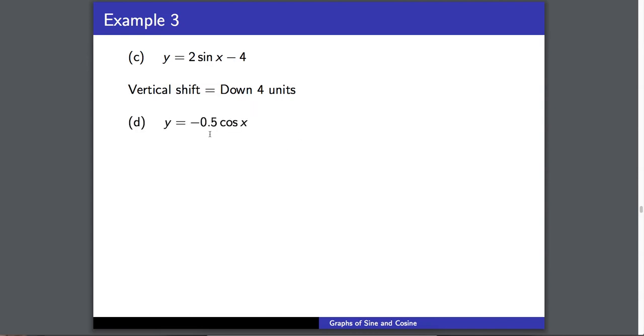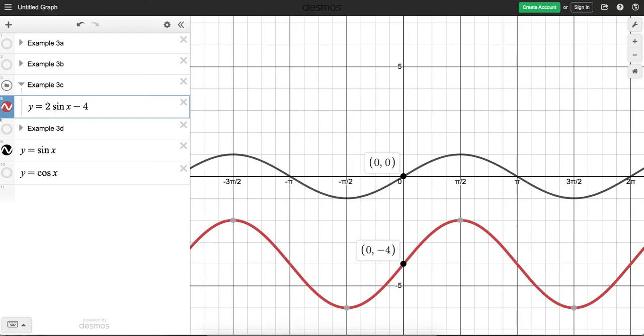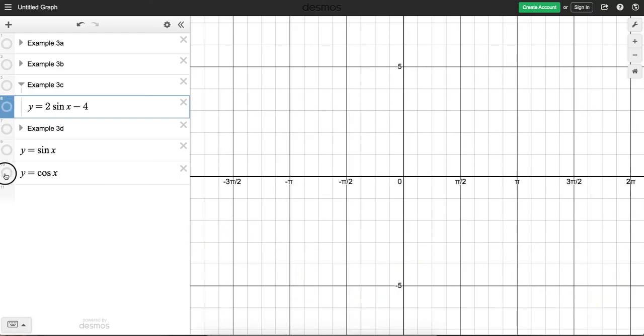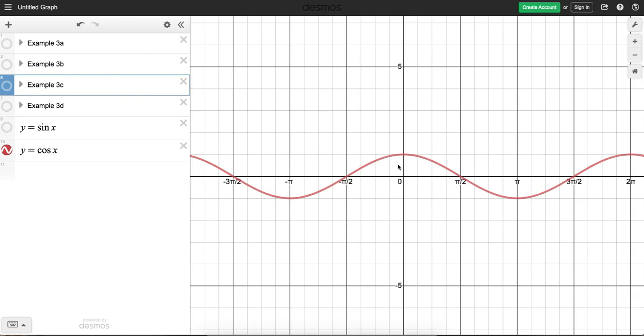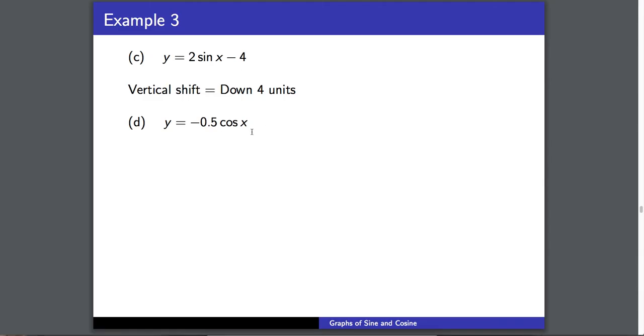Finally, part D, negative 0.5 times the cosine of x. Let's put cosine of x back up there, and then our negative 0.5 cosine of x. In terms of transformations, there's nothing we're adding or subtracting after the cosine of x.